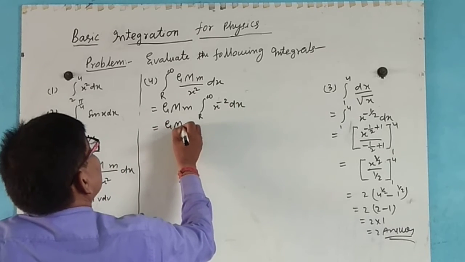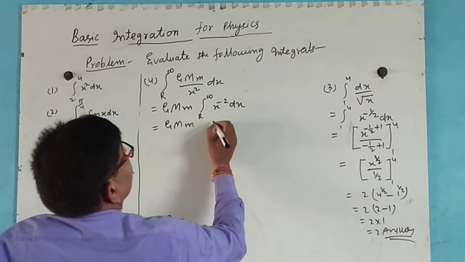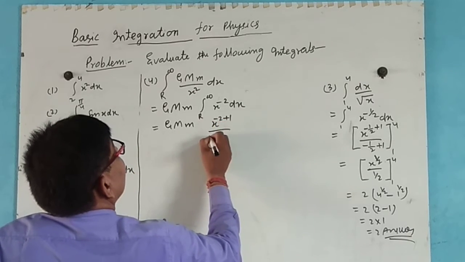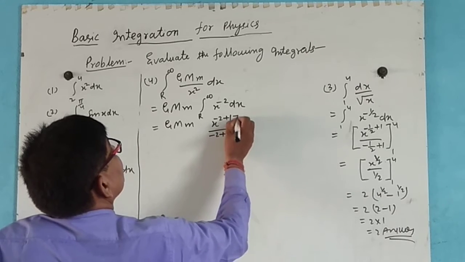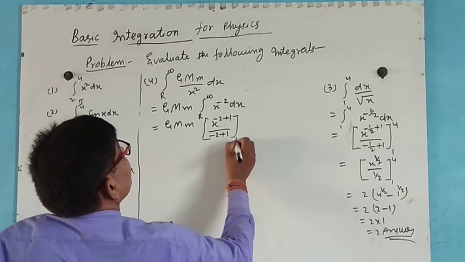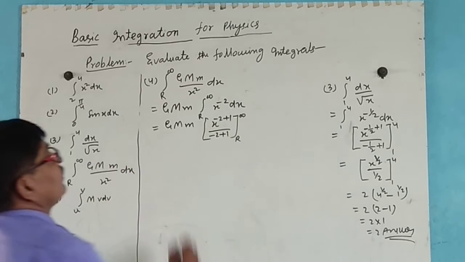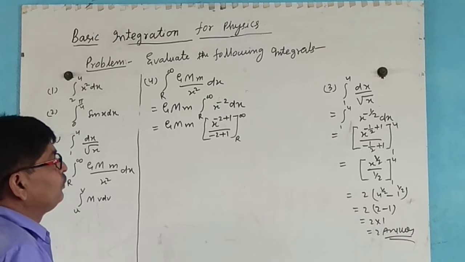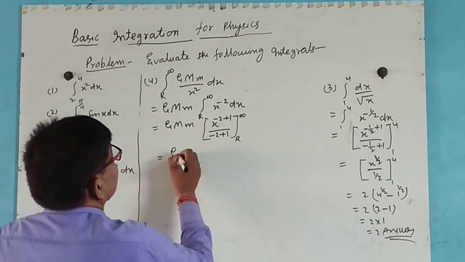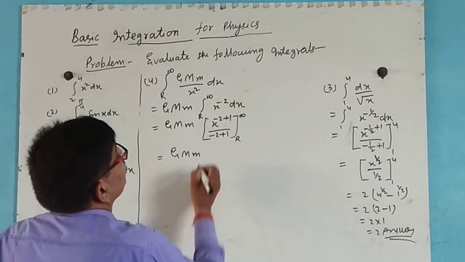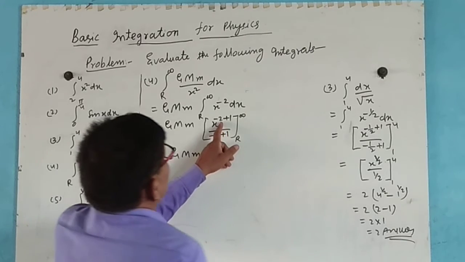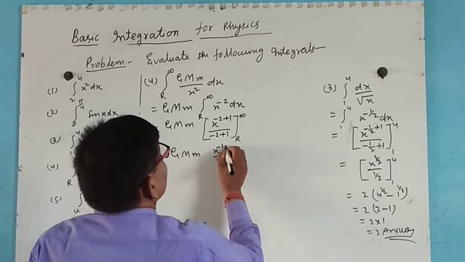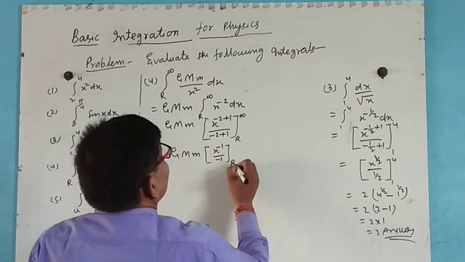Now G M, this can be written as x to the power minus 2 plus 1 divided by minus 2 plus 1, and the limit will be r to infinity. Now G M, this will be x to the power minus 1 over minus 1, limit r to infinity.